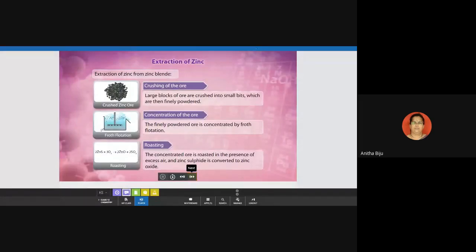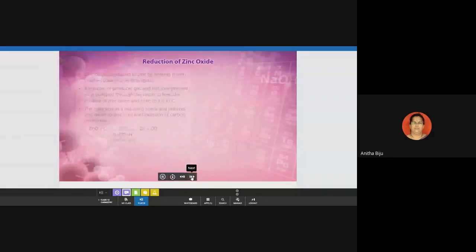So zinc sulfide undergoes oxidation. We get zinc oxide and sulfur dioxide. Sulfur dioxide is a gas. It is expelled during roasting, leaving behind zinc oxide. I hope you have covered all the 3 points: crushing and pulverization, concentration of the ore through flotation, and third, roasting. So we'll go to the next slide.